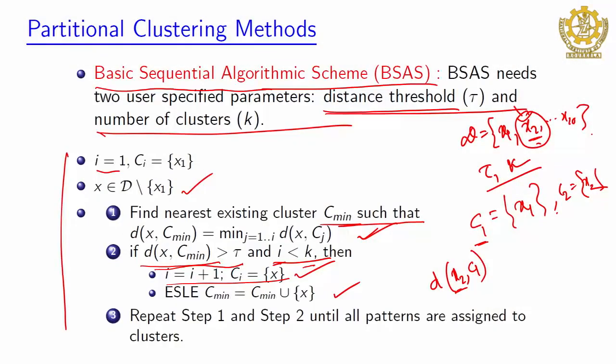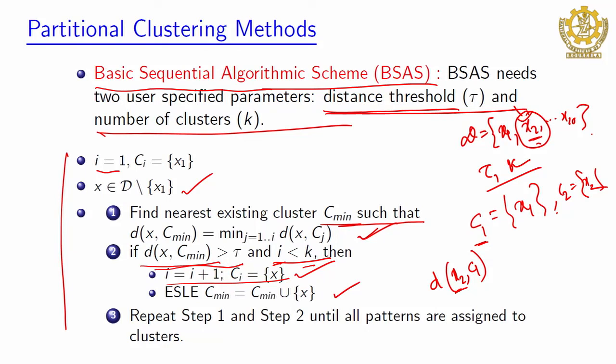If the distance is greater than tau, it may be a new cluster, and obviously you have to see whether the number of clusters has already reached the limit or not. If not, then you form a new cluster, otherwise you assign the point to the closest cluster itself. So, that is something called the BSAS scheme, basic sequential algorithmic scheme.